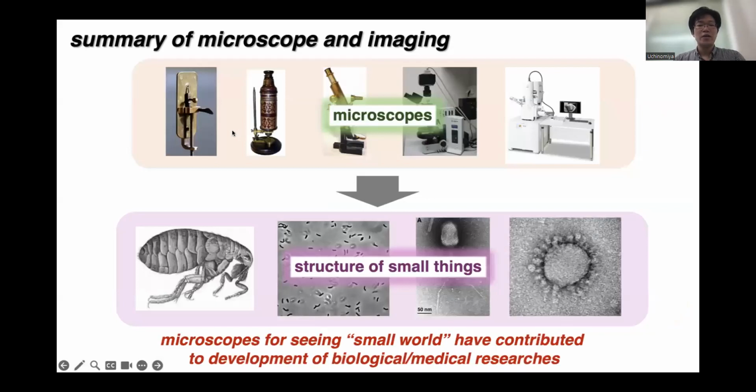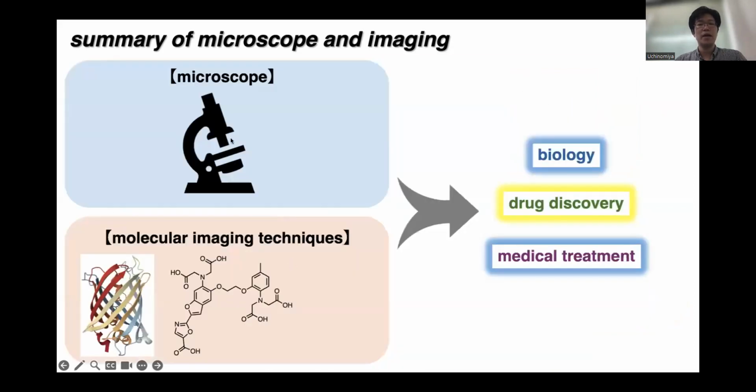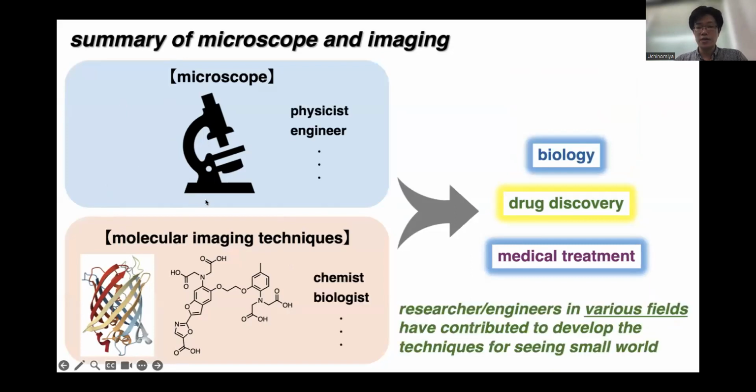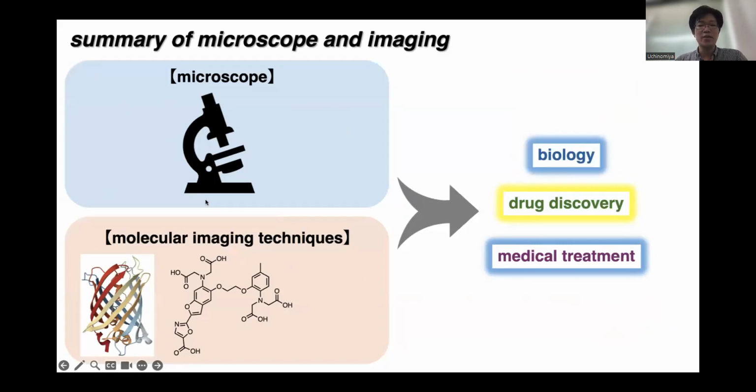Humans developed microscopes for seeing the small world. Microscopes have contributed to biological and medical research by providing detailed information about structures. By combining microscopes and molecular imaging techniques, we can selectively detect our target in crude conditions.